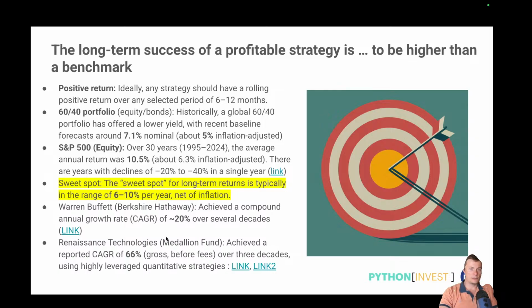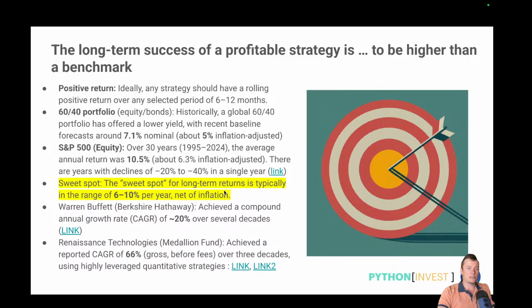Then the 60/40 portfolio, a famous passive investment portfolio which combines equity, which is 60% stocks, and 40% bonds. For risk-averse investors, it delivered approximately 7% returns, or about 5% inflation adjusted. The S&P 500 index in the US had 10.5% returns, or 6.3% inflation adjusted.